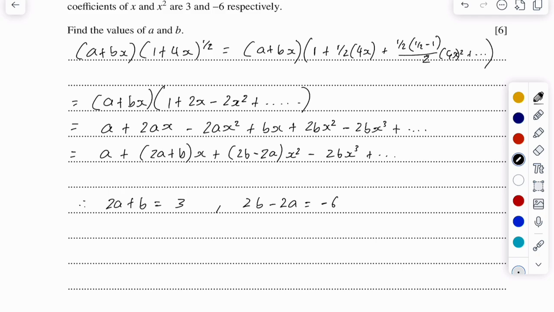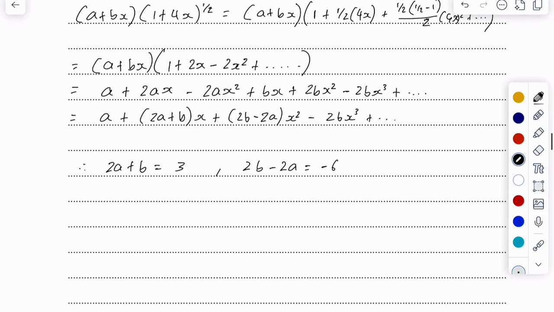From here, if we add the two together, we get 3b, as a cancels, equal to 3 plus minus 6, negative 3. So therefore b is equal to negative 1.